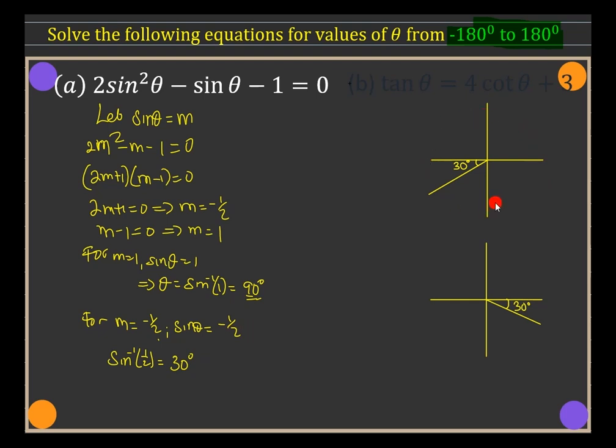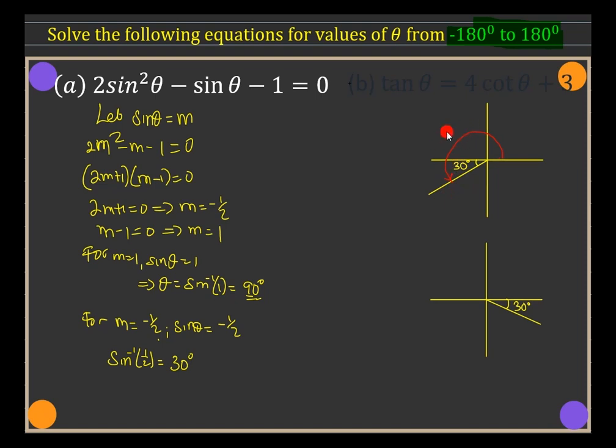I have labeled where we have the 30, and I'm going to show you how we are supposed to get the angles which are required for the given problem. Now this one is the angle 30 we got. But now the angles are measured from the positive x direction up to the direction in question. So the angle which can satisfy the value of theta can be got by that angle there.